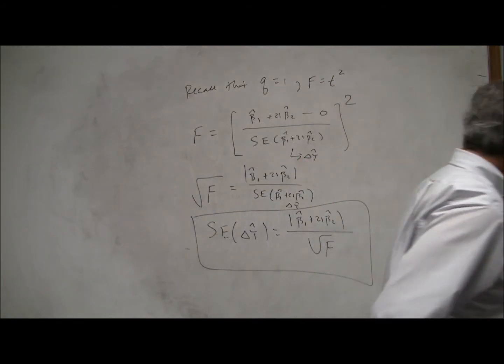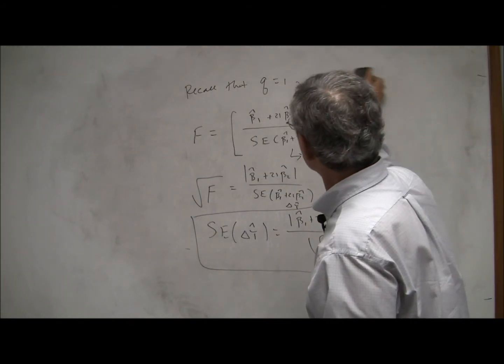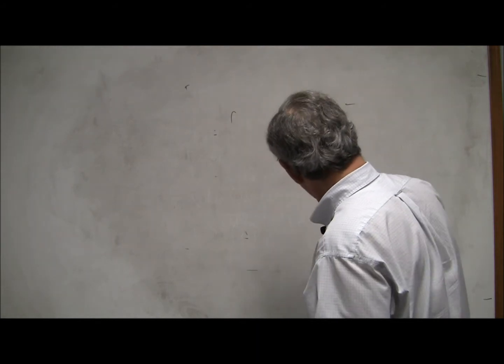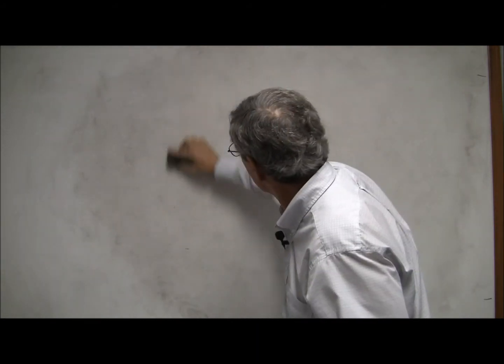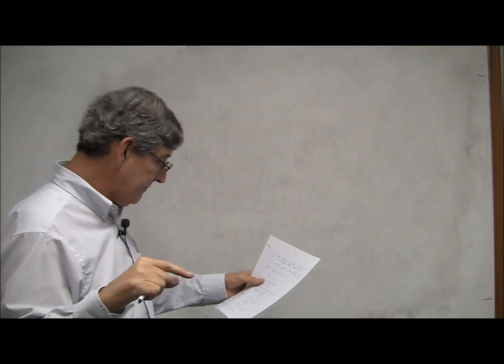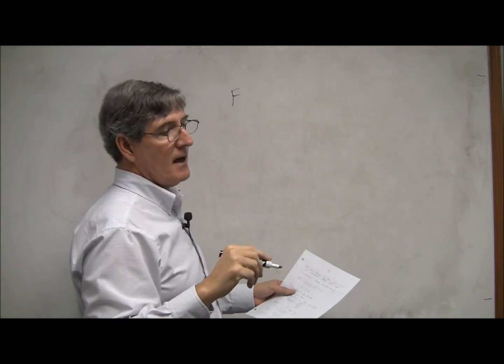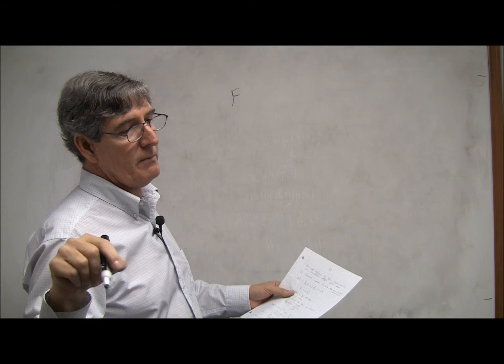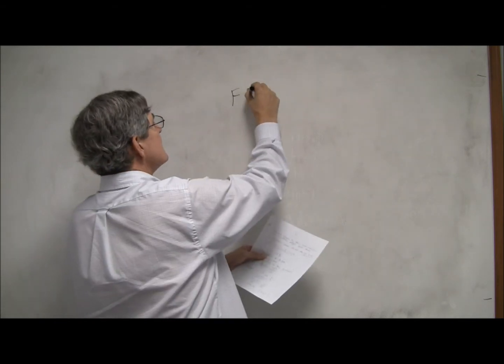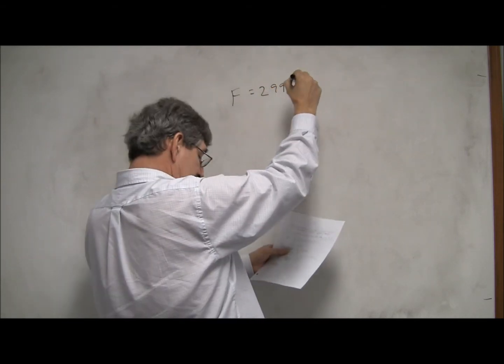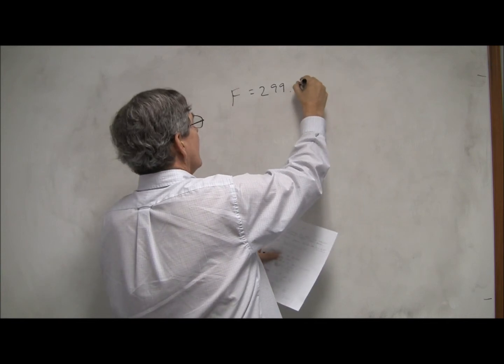In the model we've been looking at, the one we wrote down the estimates of a few minutes ago, if you do that test on the computer, the F that you will get is, so this is the actual example, the model test score is beta 0 plus beta 1 times income plus beta 2 times income squared. If you run the test that beta 1 plus 21 beta 2 is 0, the F is 299.94.